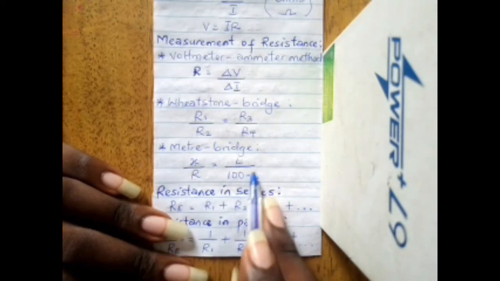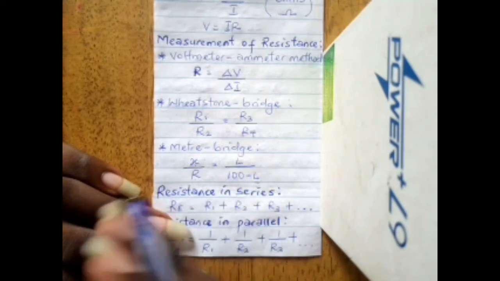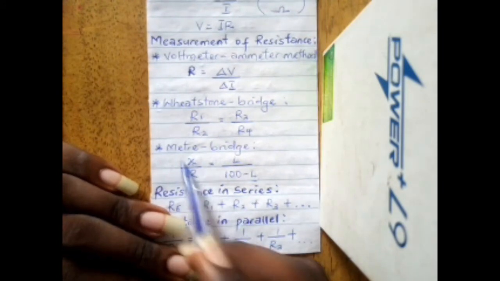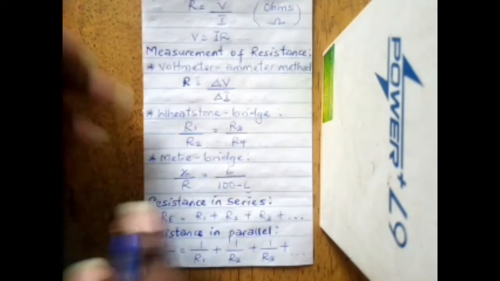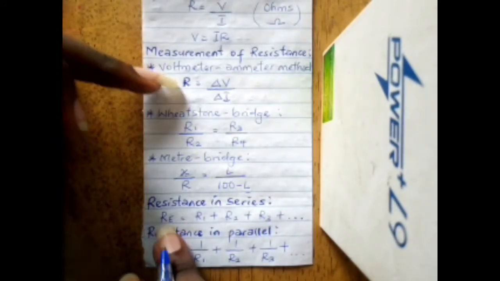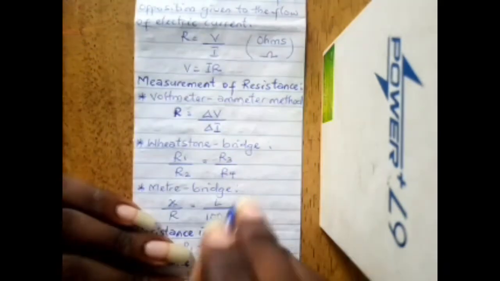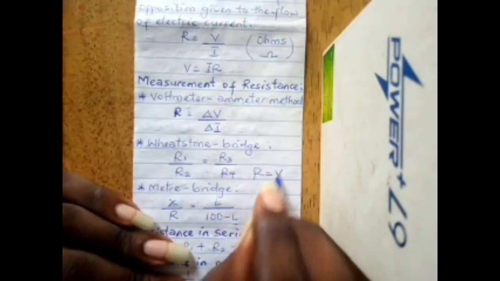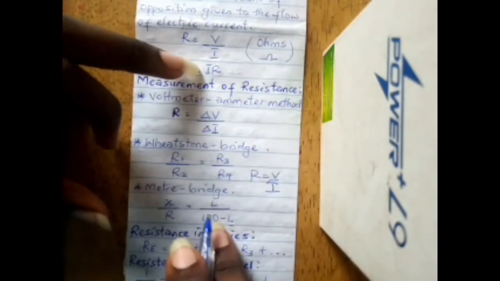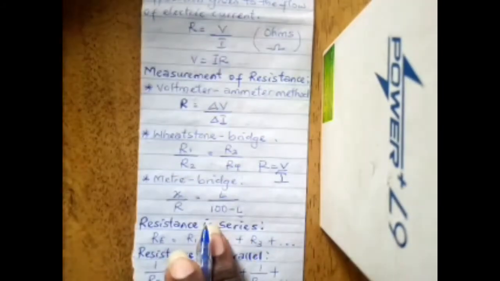And this is the length in which we fluctuate the known resistance to find our unknown resistance X. So these simple methods are what we'll be using in calculating resistance. But basically, from this first relationship, R equals V over I, this gives us V equals IR.